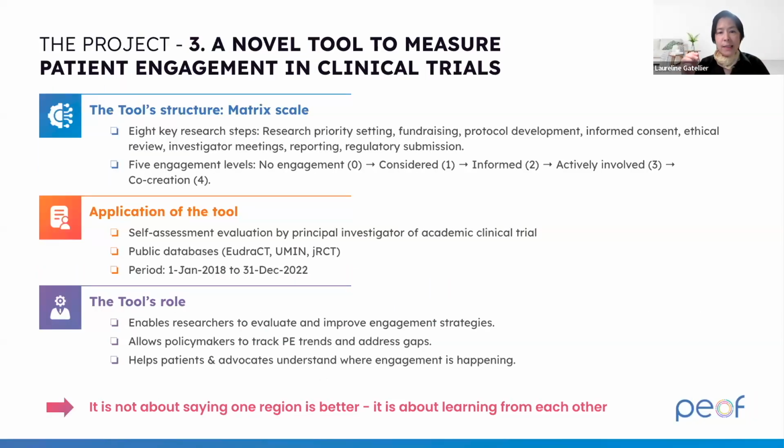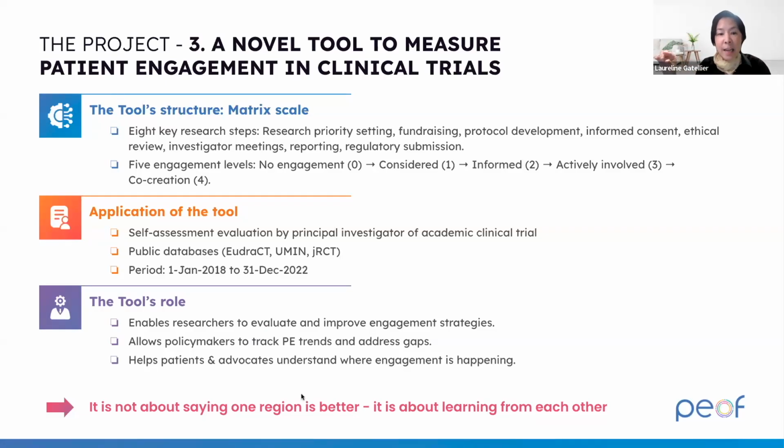Next slide, please. So the original idea was to compare the 2 countries, but looking for tools, looking for ways to compare these 2 very different cultural regions, we couldn't find a simple tool that would help to concretely compare. So we created a matrix with an x-axis and a y-axis.